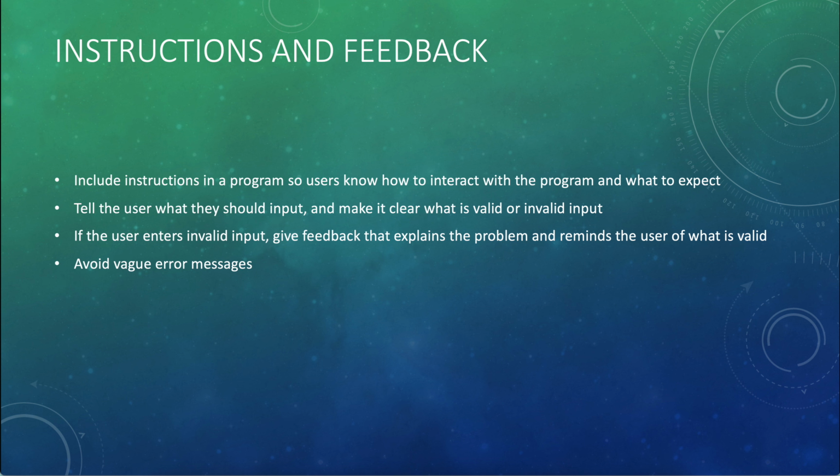Another important thing to include in your programs is instructions and feedback. So you want to include instructions in a program so users know how to interact with the program and what to expect. You want to tell the user what they should input and make it clear what is valid or invalid input.